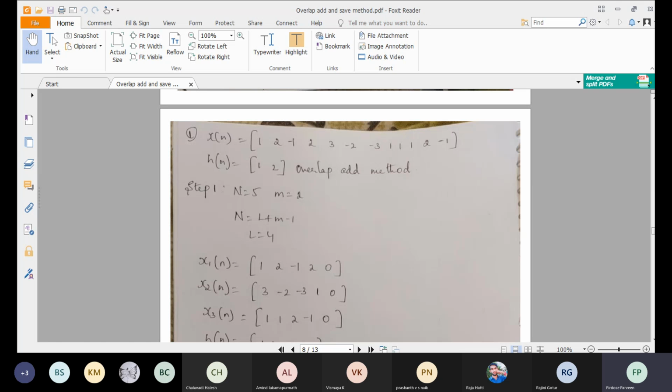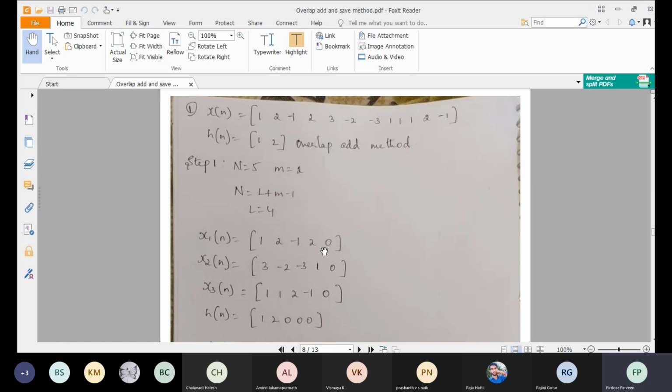We'll add only 0 over here. In the overlap add method only zeros will be added, we will not take them from the previous block. Now we will assume N is equal to 5, M is equal to 2, N is equal to L plus M minus 1, so L is equal to 4. So we will divide the sequence into blocks of 4.